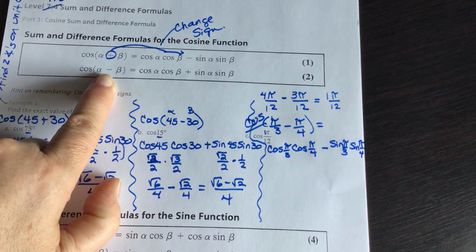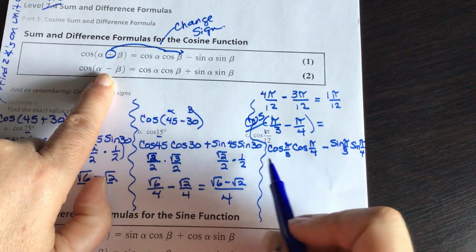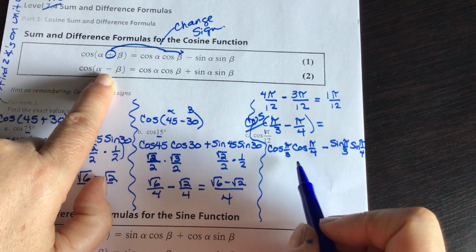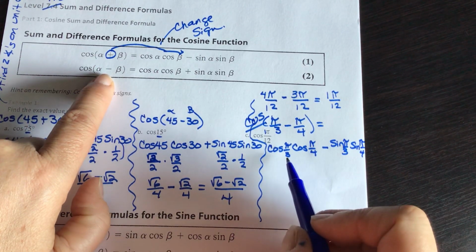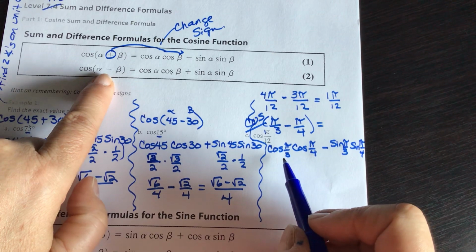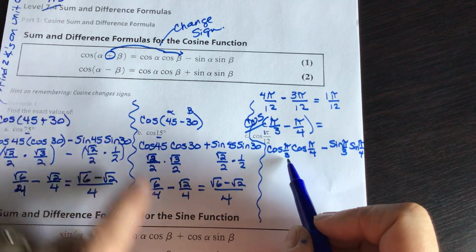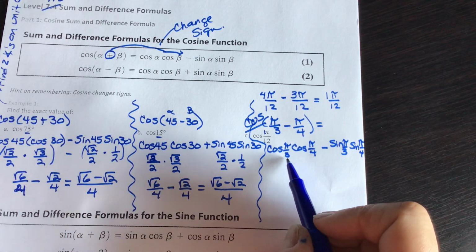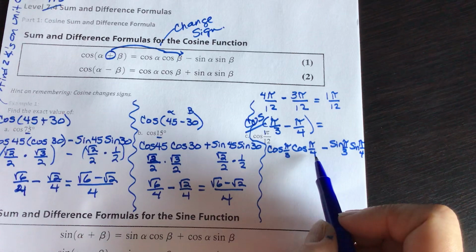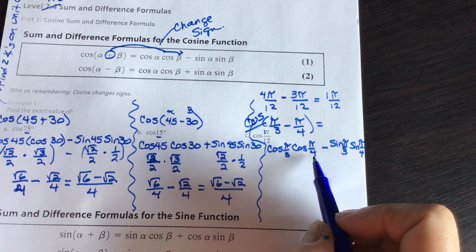Just barely fit it in there. It might be easier for us on the unit circle to think in terms of degrees. So pi over 3 is 60 degrees, and pi over 4 is 45 degrees.